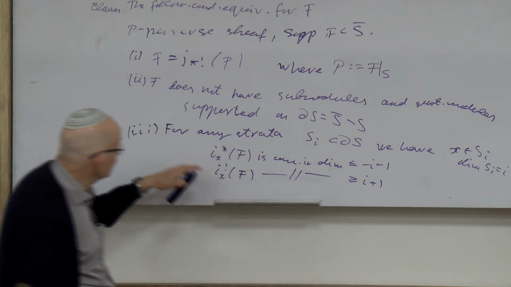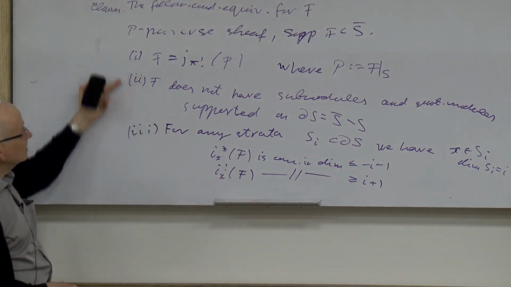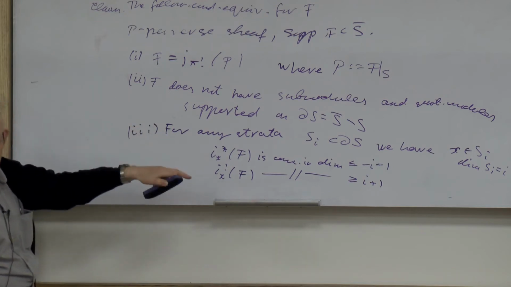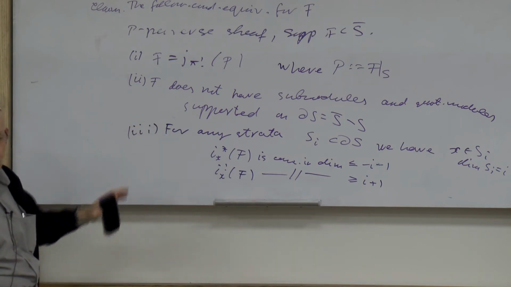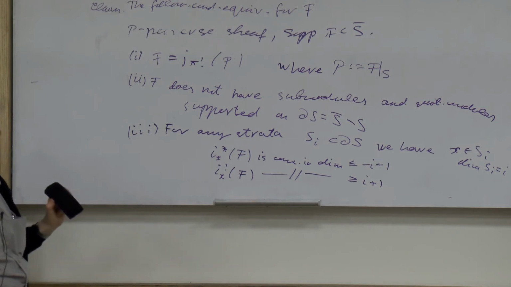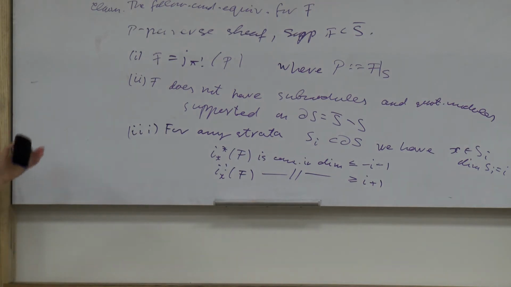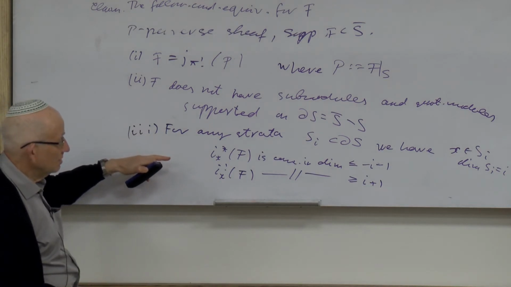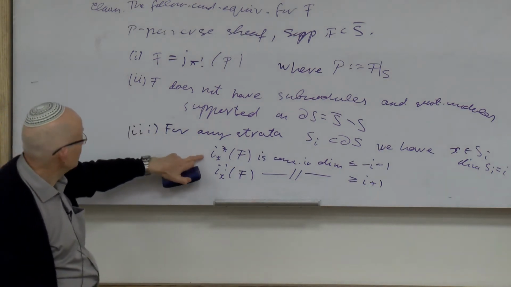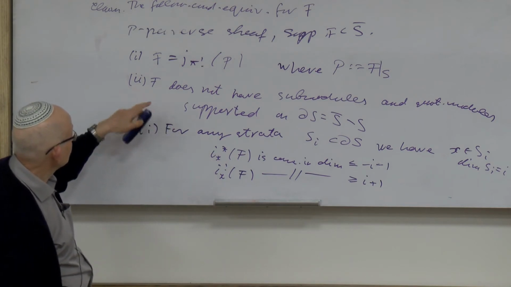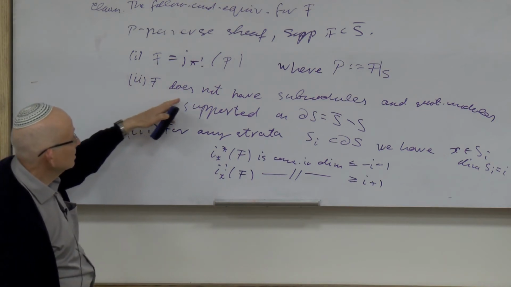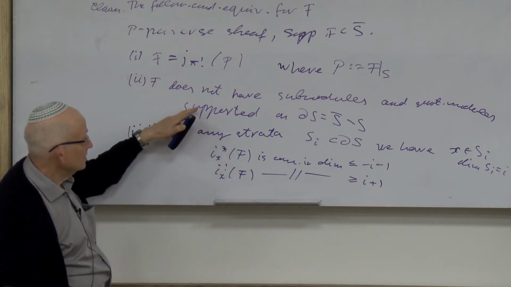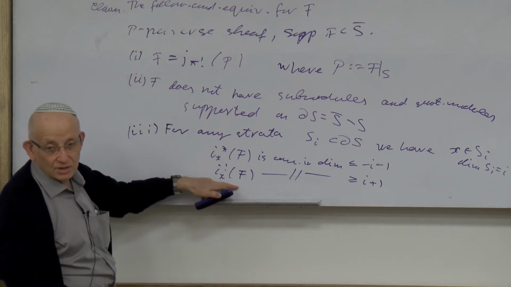So now the claim is that these conditions are equivalent to the conditions that for strata which lie in the boundary, you have a slightly stronger condition, one more condition. This condition corresponds to this one, and so here there are two conditions. Doesn't have quotients corresponds to this one, and doesn't have submodules corresponds to this one.